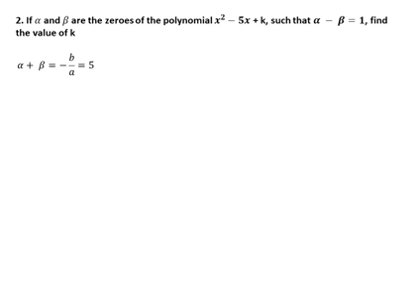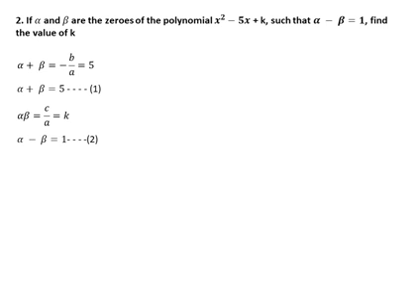So alpha plus beta is equal to 5. I will consider that as equation 1. Then alpha beta is equal to c by a. The c value is k, so k by 1 is k. Alpha beta is equal to k. Then already they have given one equation in the question, I'll consider it as the second equation: alpha minus beta is equal to 1.